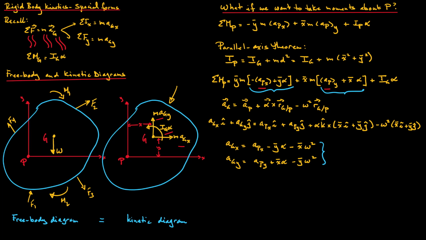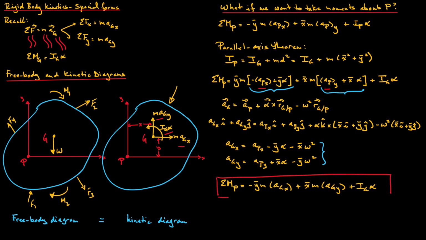So making these substitutions, we will be replacing the quantities at point P with quantities at point G. We get this final form: the sum of the moments about point P is equal to the negative of y bar m multiplied by AGx plus x bar m multiplied by AGy plus Ig alpha. And this is what we are after.